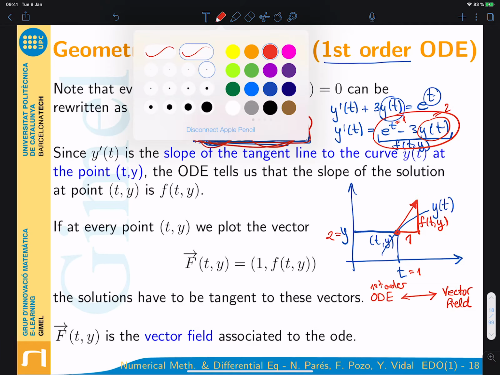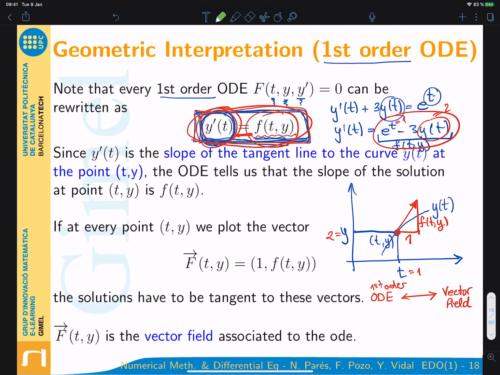And what's a solution of the ODE? A solution is a curve that is tangent to this vector field at any point.